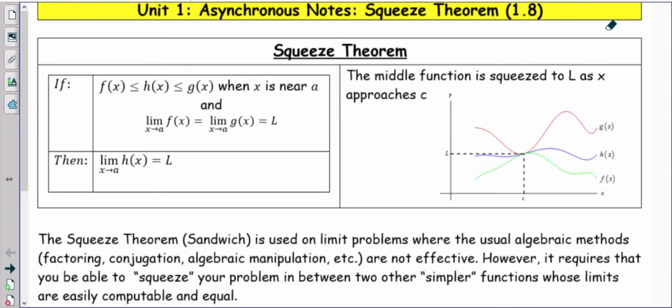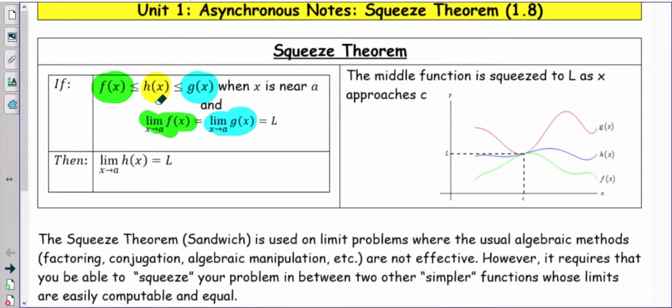And what the squeeze theorem says, over on the top left, is if f of x is less than h of x, which is less than g of x, so h is in the middle, when x is near a, and the limit as x approaches a of f of x is equal to the limit as x approaches a of g of x.